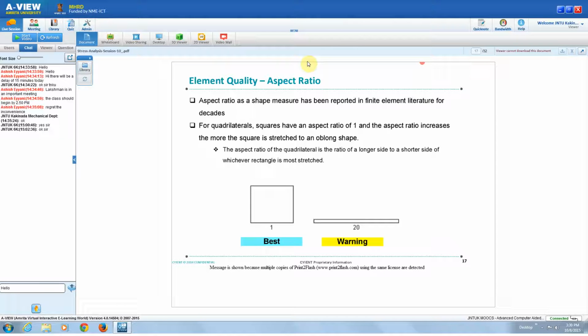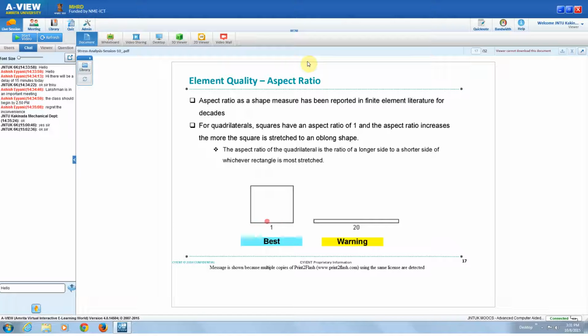Now coming to aspect ratio, what is the aspect ratio? This is the oldest shape checking for an element. It is the ratio of the longer side to the shortest side of a rectangle, and usually for squares the best aspect ratio is 1. If you see here, this is the best aspect ratio, 1.